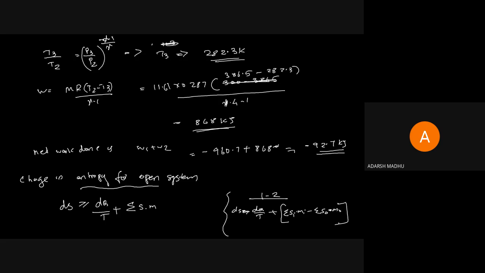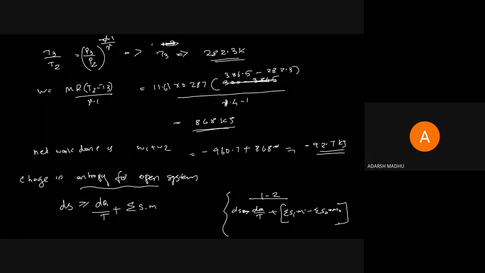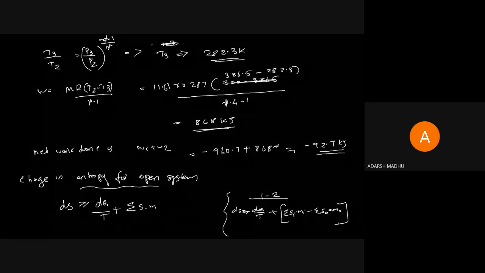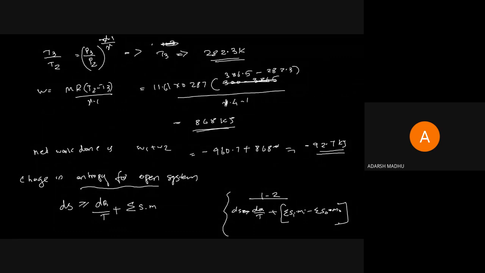For a process from 1 to 2, or initial to final condition, or inlet to outlet, we can take the equation as ds greater than or equal to dq by T plus s_i m_i minus s_out m_out. This is the equation for an open system.